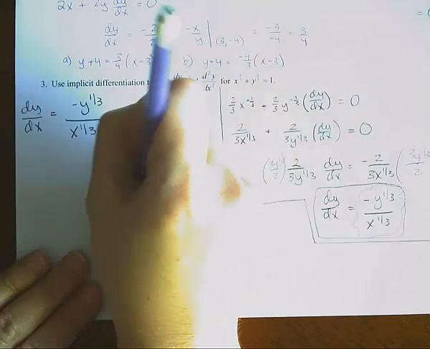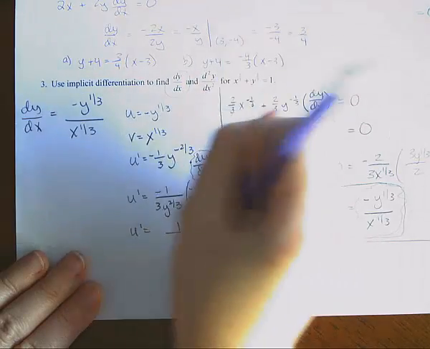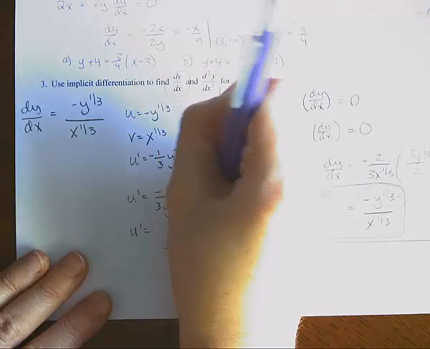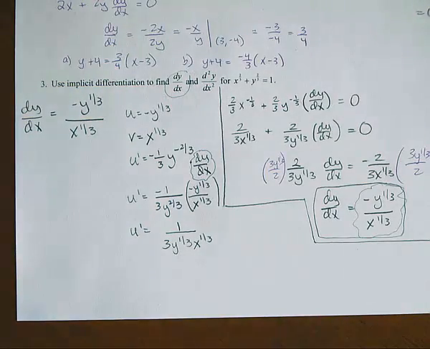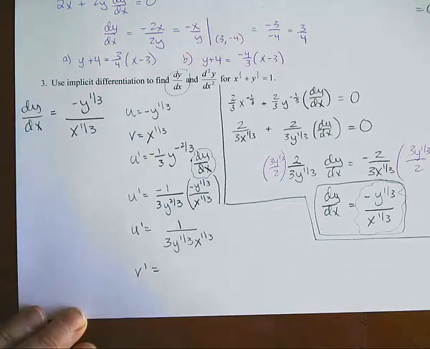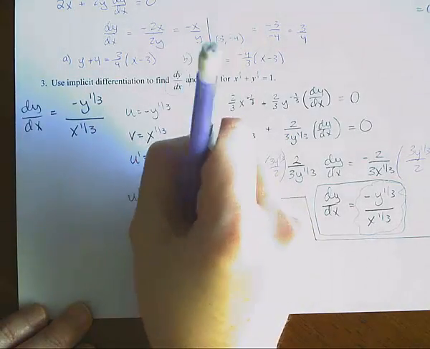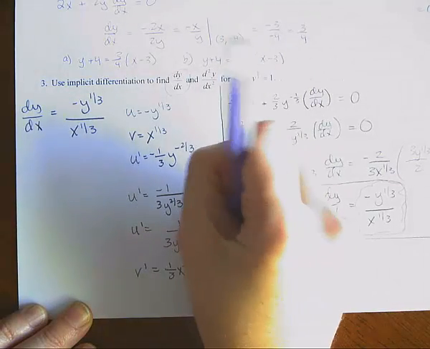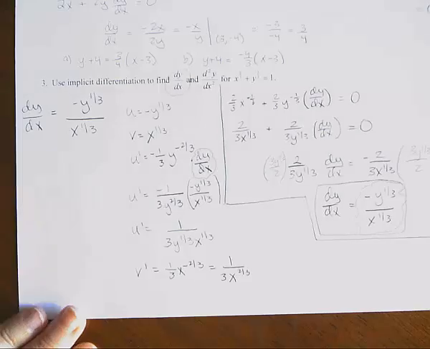So I'm going to end up with positive 1 over 3 y to the 1/3 x to the 1/3. That's my u prime. And then v prime is the derivative of x to the 1/3, which would just be 1/3 x to the negative 2/3. And if I simplify, that's 1 over 3x to the 2/3.